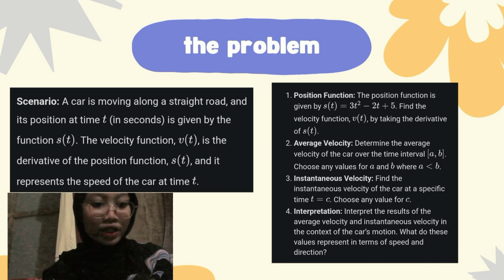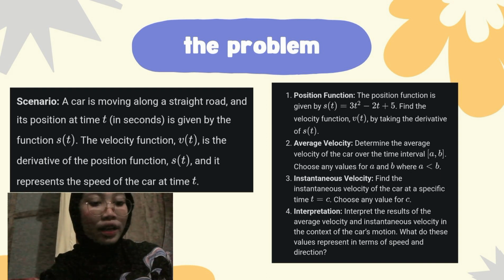Position function. The position function is given by s(t) equals 3t squared minus 2t plus 5. Find the velocity function v(t) by taking the derivative of s(t).